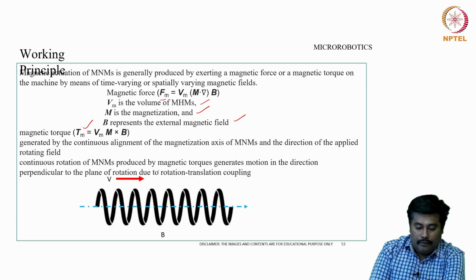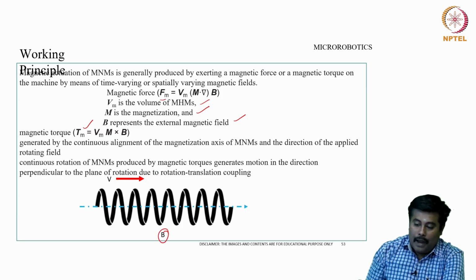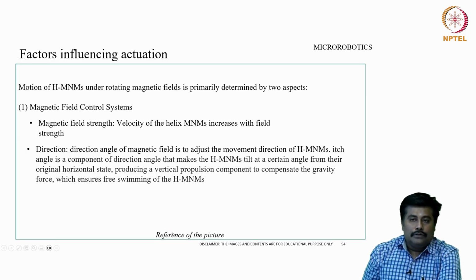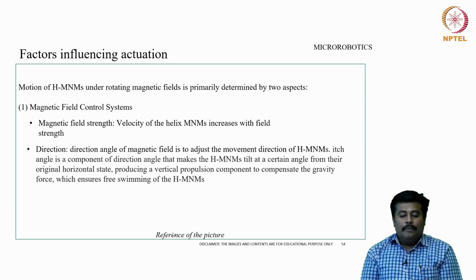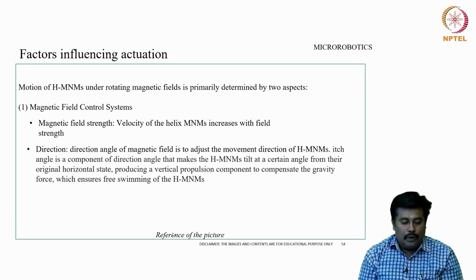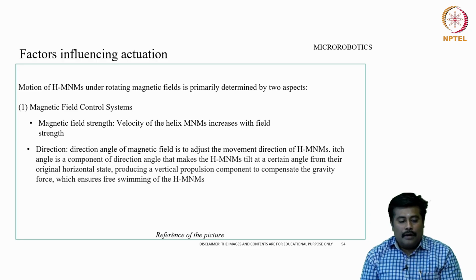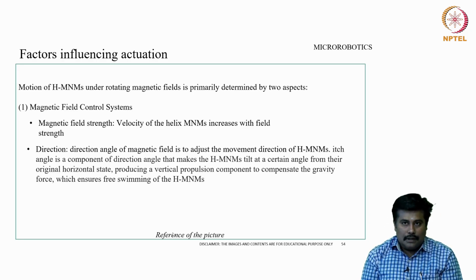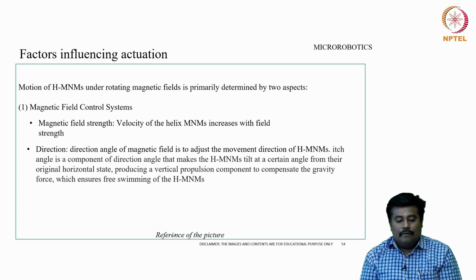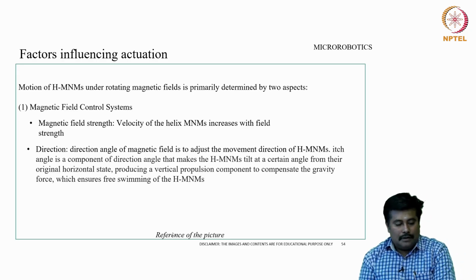This is going to be the velocity V and this is going to be the magnetic field B. The motion of this helical micro-nanomachine under a rotating magnetic field is primarily determined by two aspects. One is the magnetic field control system. In this magnetic field control system, the velocity of the helical micro-nanomachine increases with the field strength.